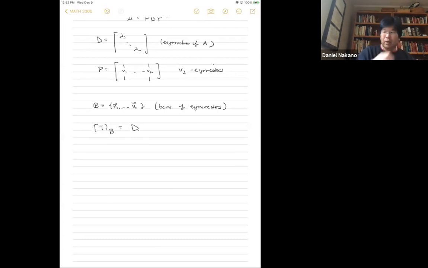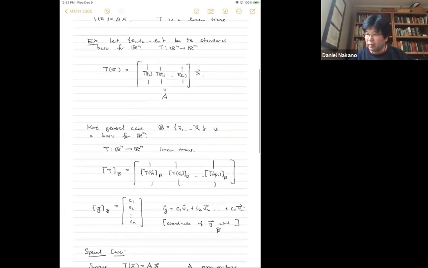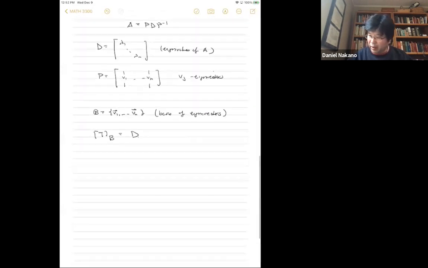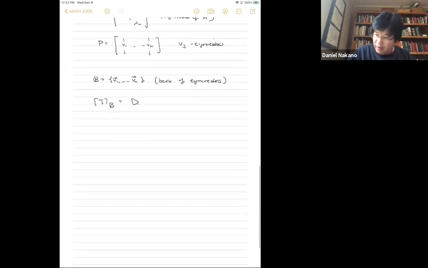All right, now let me just review a few things in terms of one-to-one and onto. We did this early on in the class. So the linear transformation, again, let me write this out, goes from Rn to Rm.